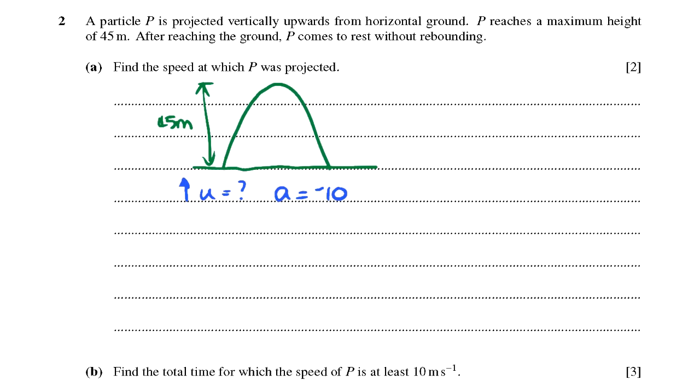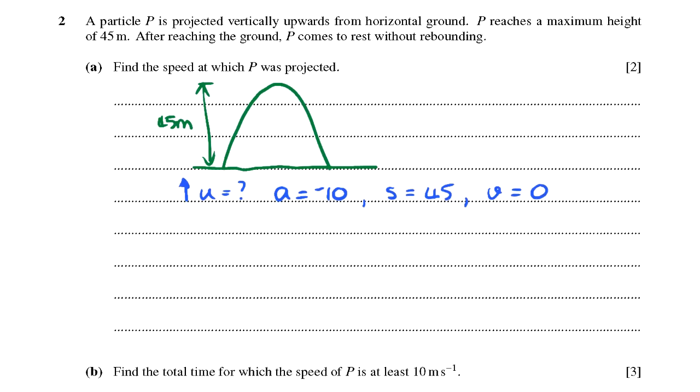I'm going upwards, and acceleration is going downwards, so it has to be negative. We need more information, so we only look at the displacement of 45 when it gets to the top, because when it gets to the top, the velocity is 0. Once we have these four things, we can work out u quite easily.